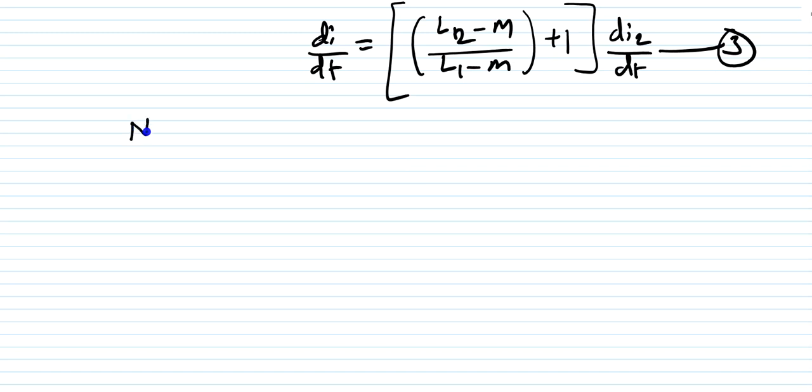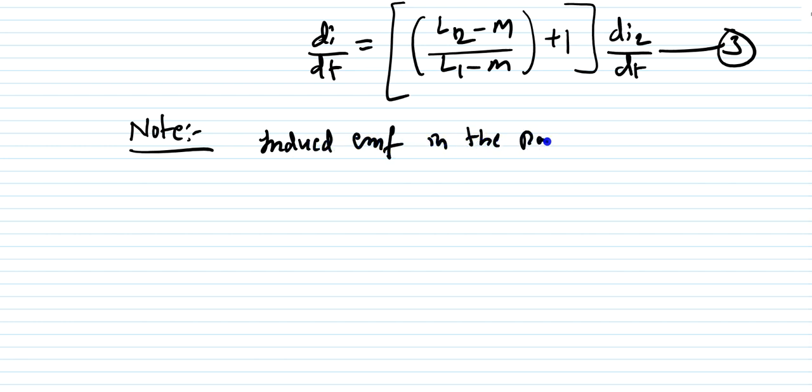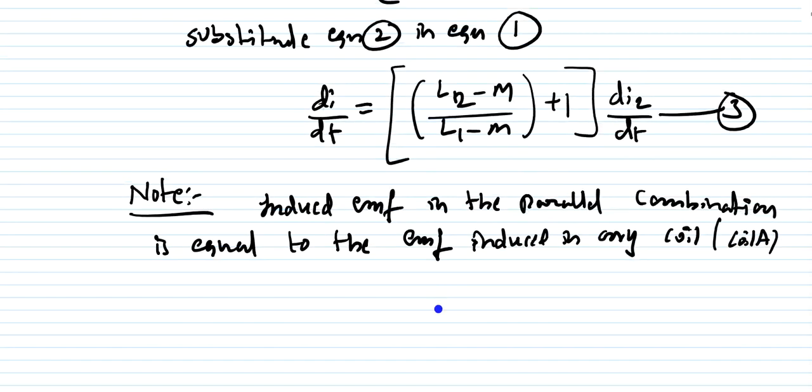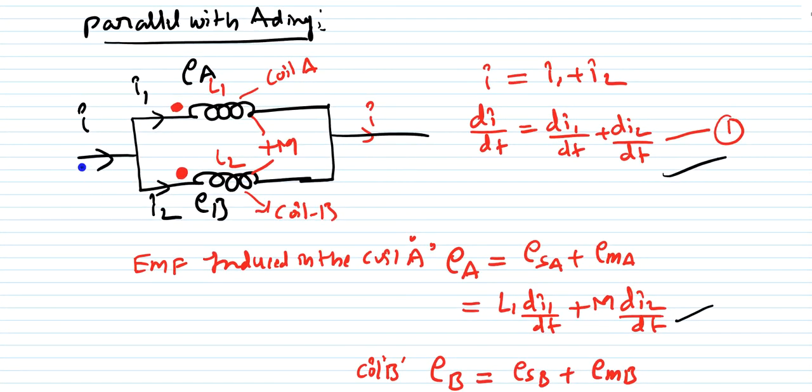Then again take one note here. This is a little bit of derivation going on, and the induced EMF in the parallel combination is equal to the EMF induced in any coil, say coil A. What this means is, assume this is the EMF of this coil, then whatever the induced EMF, this one is also equal to this one, and also equal to this one.